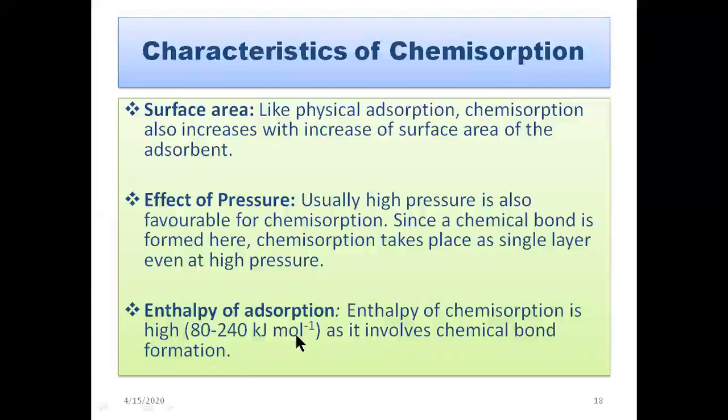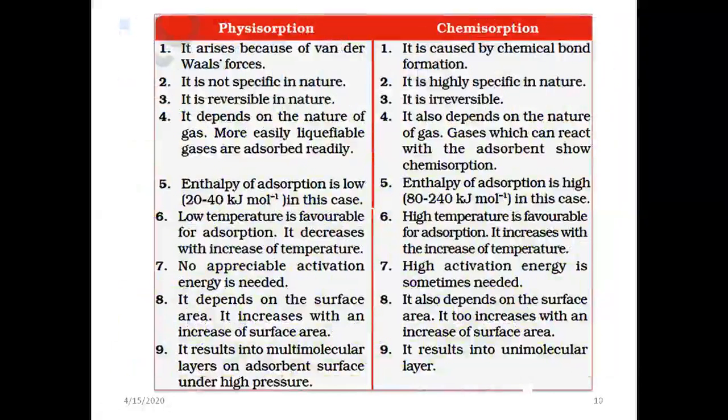The magnitude is 80 kilojoules to 240 kilojoules, but if they ask the value with sign, it is minus 80 to minus 240 kilojoules. The enthalpy of chemisorption is from 80 to 240. Physisorption is from 20 to 40. Now let's have a brief look at the differences between physisorption and chemisorption.